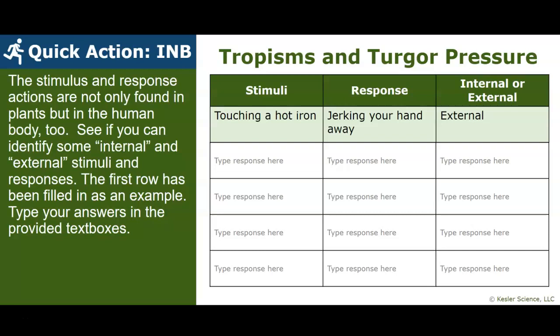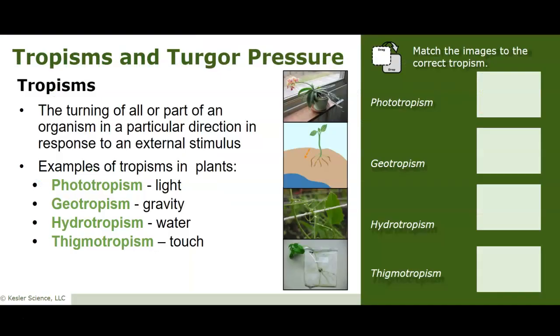It's not happening inside of you. Another stimulus may be drinking water too fast. Your response may be hiccuping, and that would be an internal response. So you're going to fill these in with ideas of stimuli, response, and whether or not they're internal or external.